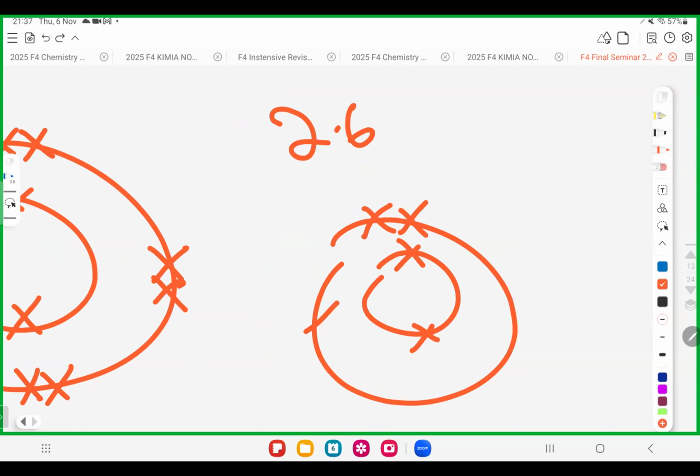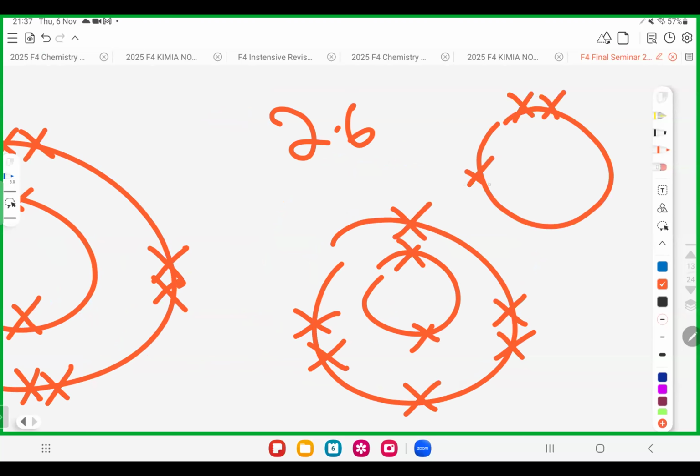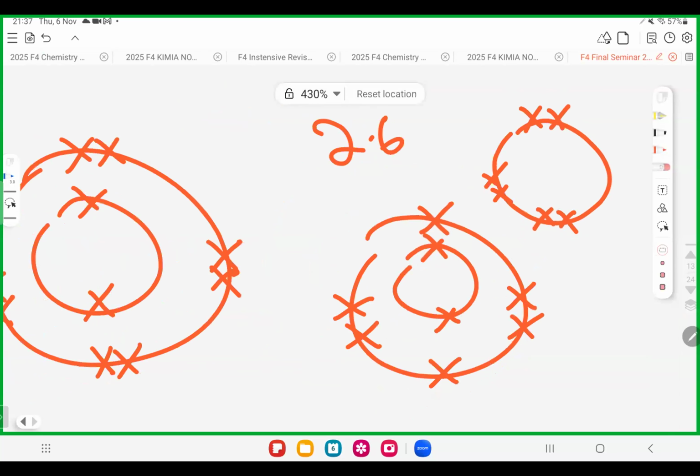How do you draw 6 electrons? 1, 2, 3, 4, 5, and 6. You got it? But trust me, many of you will draw it like this, which is wrong. So these are some small things that you all have to be very careful about. That's why you should do exercises.